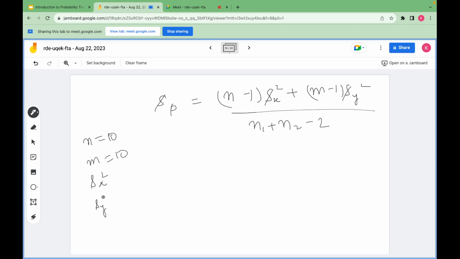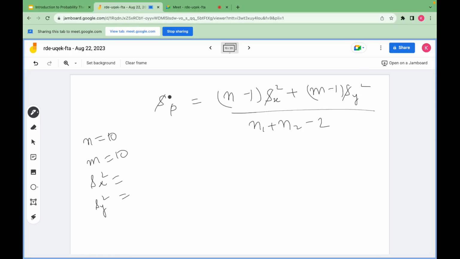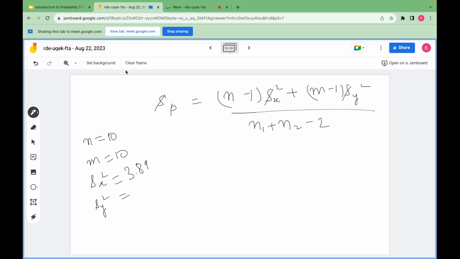This sx square, sy square are given, which is 3.89 and 4.02.